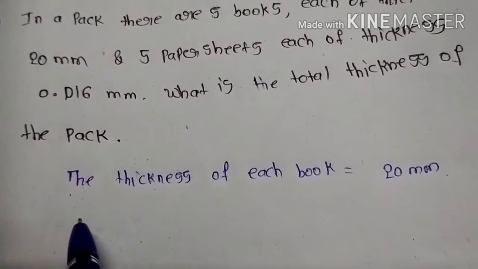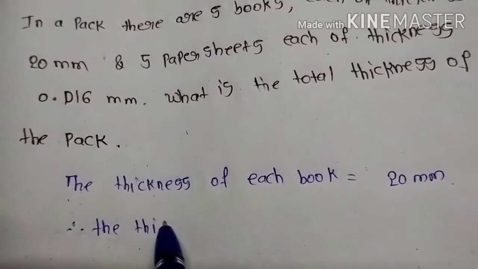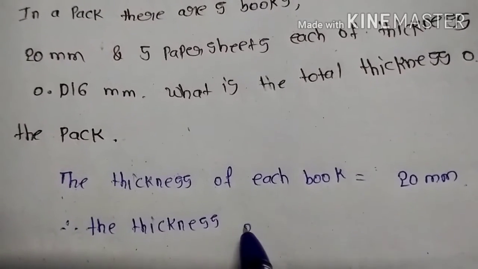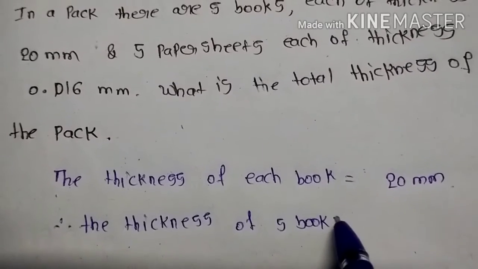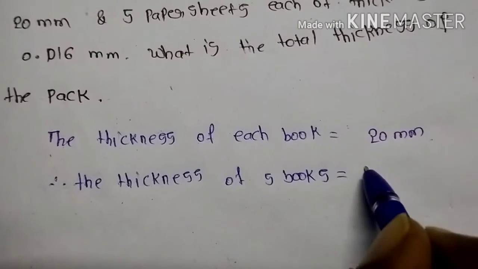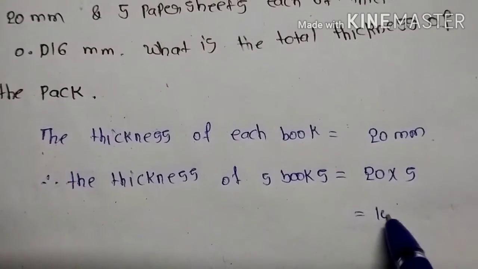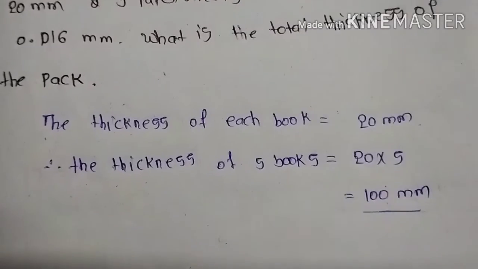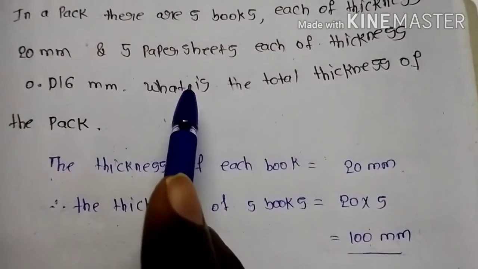So you can write, therefore, the thickness of 5 books is equal to 20 into 5. That means 20 times 5 is how much? 100 mm. You'll get 5 books thickness as 100 mm.